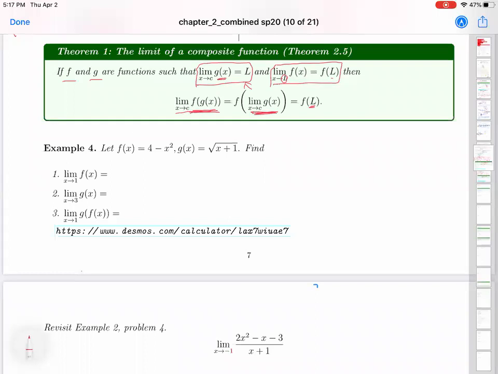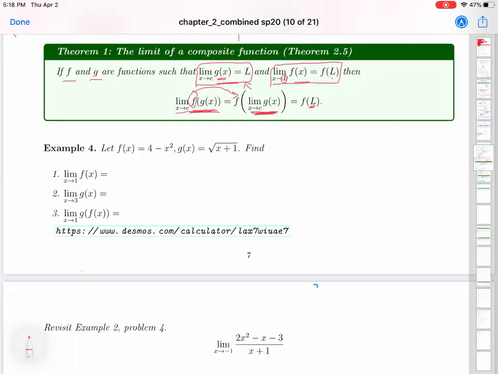Another way to see this theorem is that once you have these two conditions satisfied, you can pull the f out in front. Then you evaluate the limit of g of x as x goes to c, and plug that value into the function f to get the limit of the composite function.